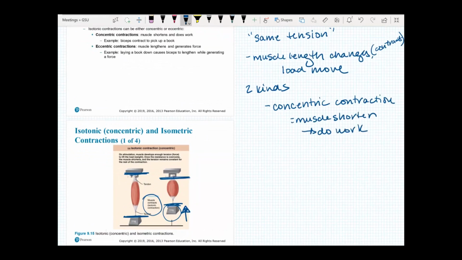So this is an example of exactly what I just described right here. The muscle shortens and then it's going to do work. But you can also have an eccentric contraction. And this is where you are not contracting. Your muscle is doing the opposite. Your muscle is lengthening.